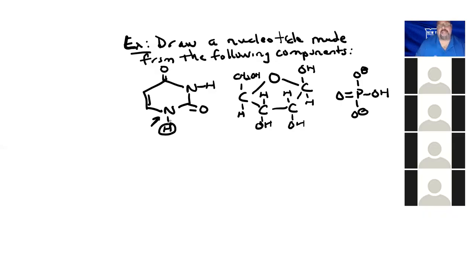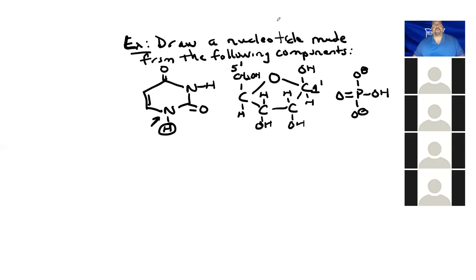So again, when you go back and look at the notes involving the different nitrogenous bases, you need to know which nitrogens are going to become connected to the sugars and which hydrogens are going to be removed in order for that to occur. Now, let's go to the sugar. If we're making a nucleotide, there are two important carbons that we want to remember. And that's carbon 1' and that's carbon 5'.